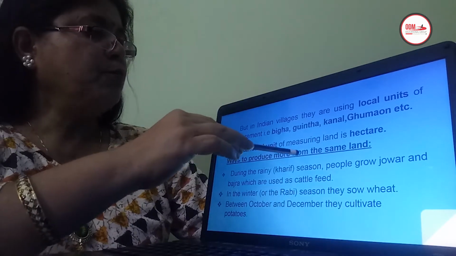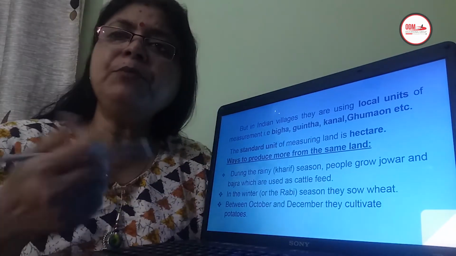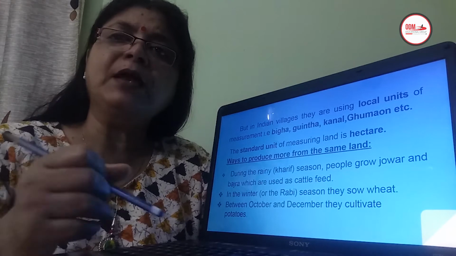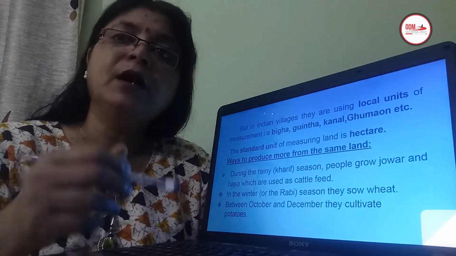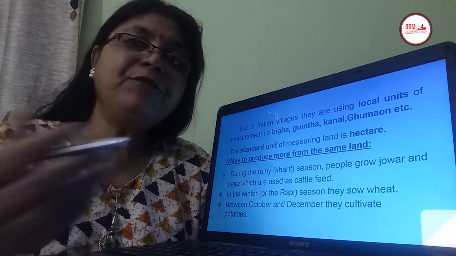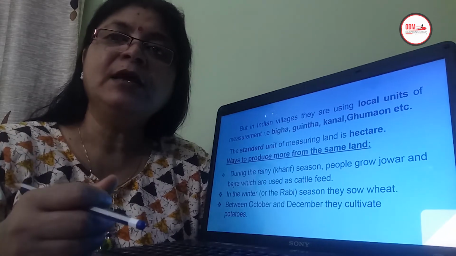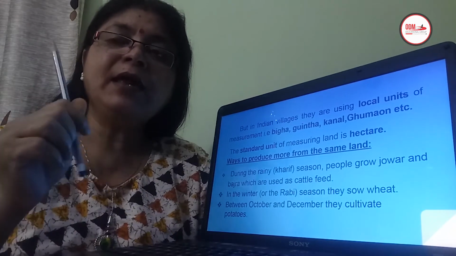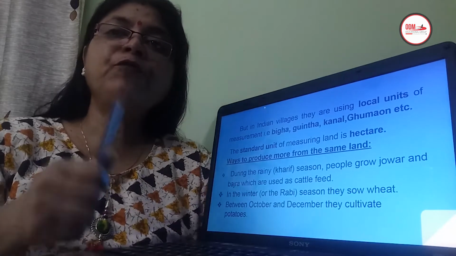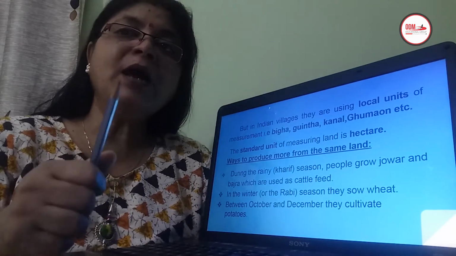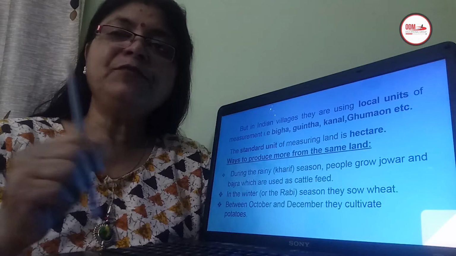The ways to produce more from the same land. How can we produce more from the same land? The Palampur village has proved it by adopting different methods of cultivation. They prove that a farmer can produce more from the same land within 1 year or one fixed period of time.